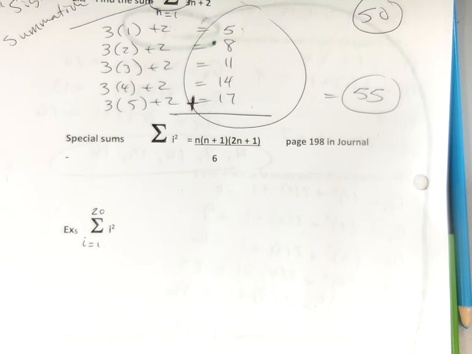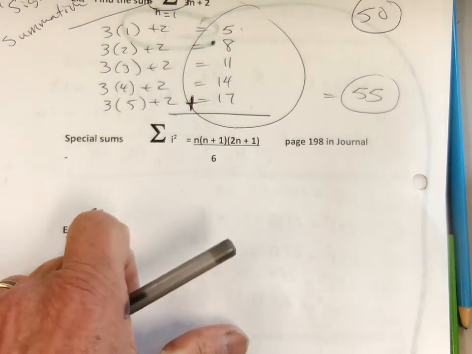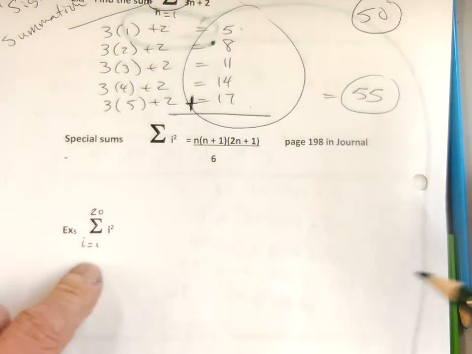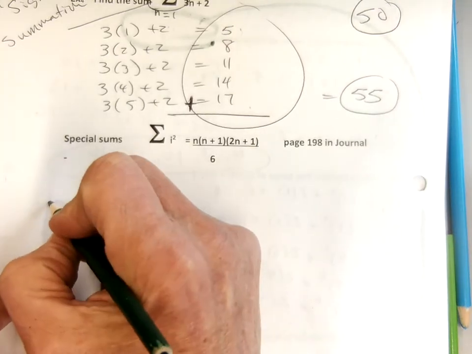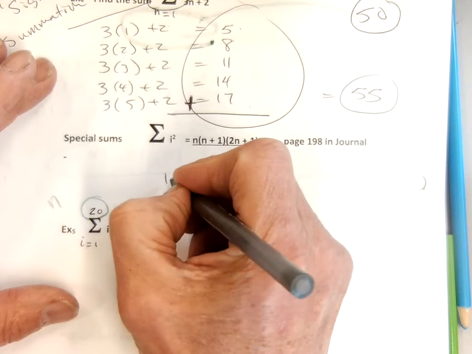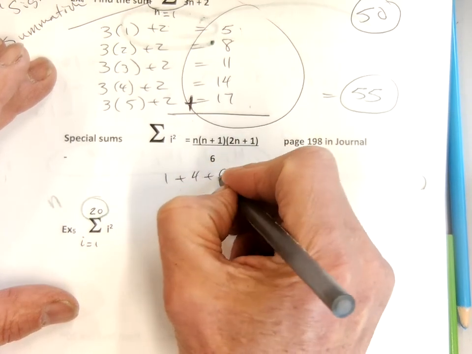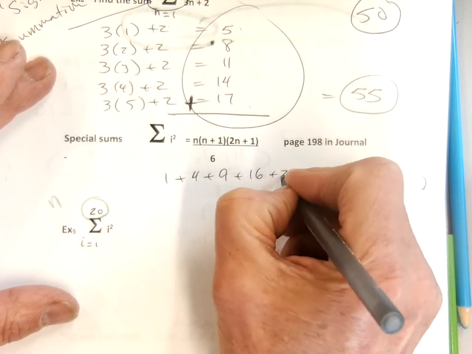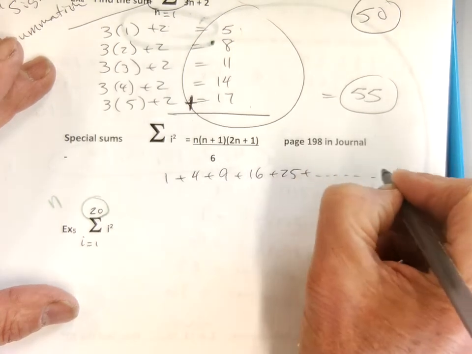This is n. So let's write ourselves some notes so you can see this. So this is my n, okay? That's my n right there. And what I'm hypothetically going to be doing is 1, but we're not going to do this, 4 plus 9 plus 16 plus 25 plus dot, dot, dot to 400, okay?